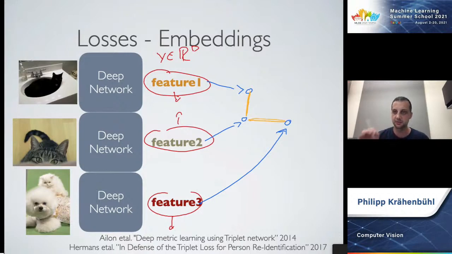And that is the triplet loss. You can write it down mathematically as simply saying that you want to minimize the distance between, let's say this is A, B, and C. So the distance between A and B should be smaller than the distance between B and C.